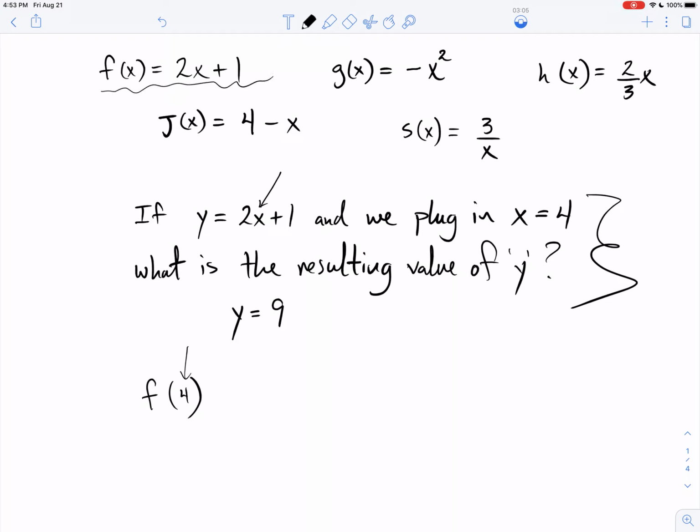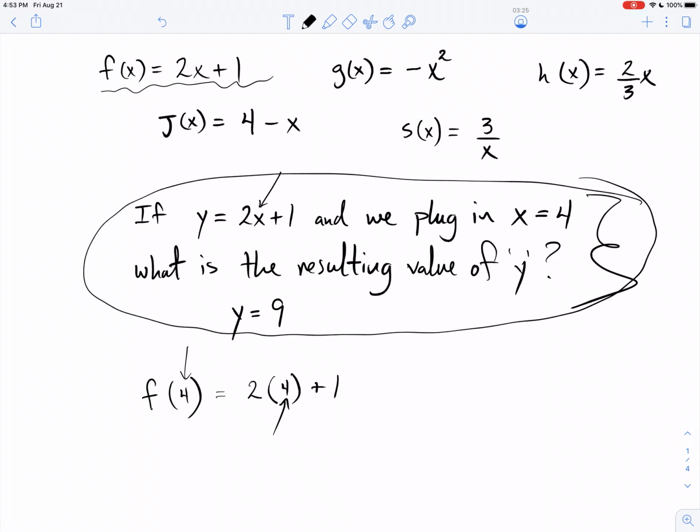Well, that would mean 2 times 4 plus 1, because that's where the x was. So function notation is like taking this whole sentence, big chunky monkey here, and what does it mean? Well, it means f of 4 equals 9.